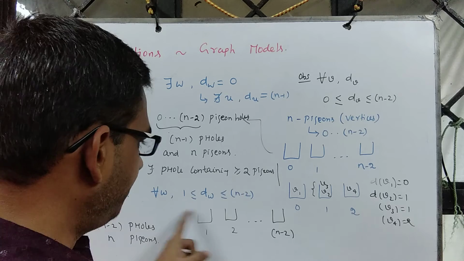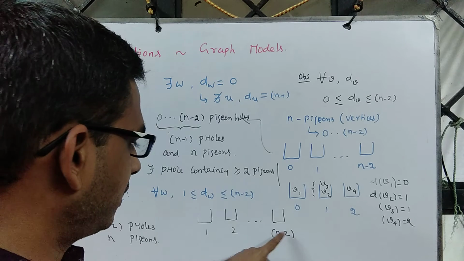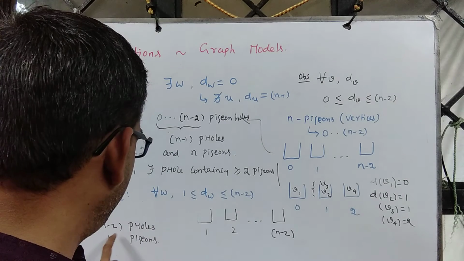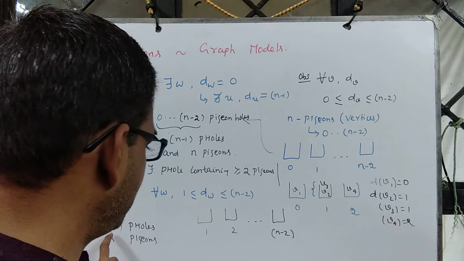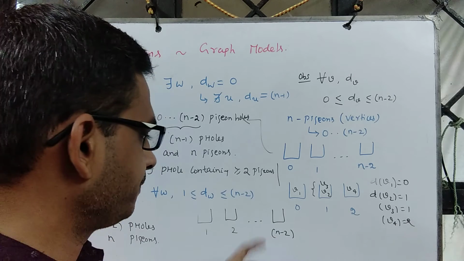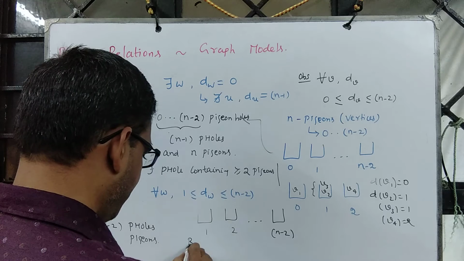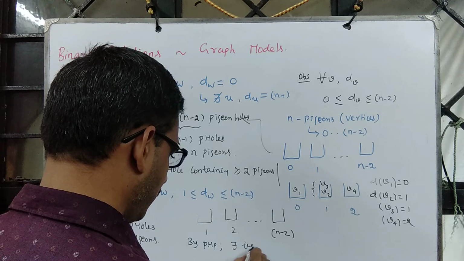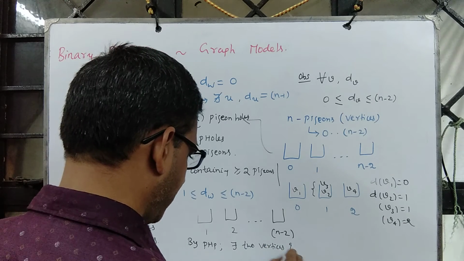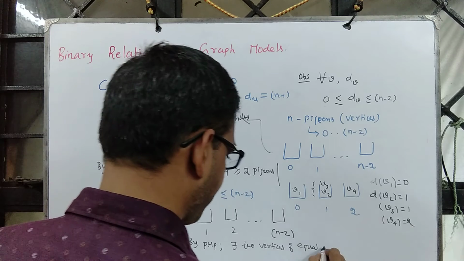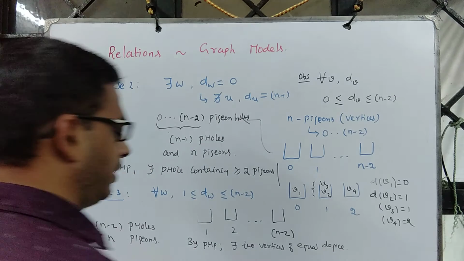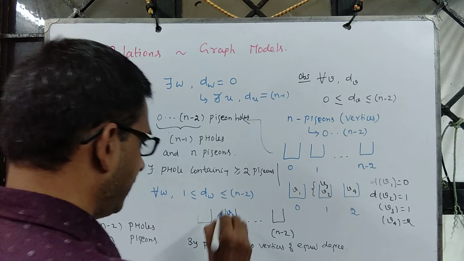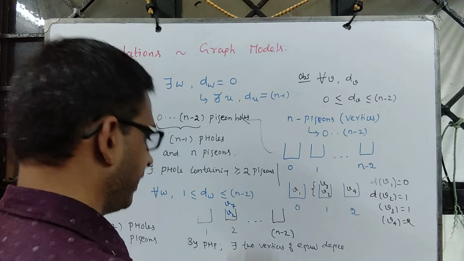You distribute n PGNs or n vertices into n minus 2 PGN holes. So when you distribute n PGNs into n minus 2 PGN holes by PHP, we see that there exist two vertices of equal degree. So if degree of V2 is 2, you place it here. If degree of V7 is 2, you place it here.